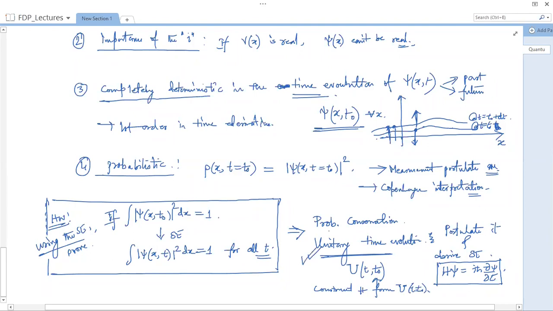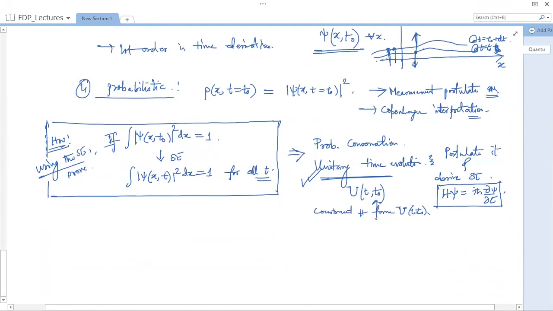And if U is a unitary operator, then you can construct the Hamiltonian from there. That is the viewpoint from which, from unitary time evolution, you can get the Schrodinger equation, which is nothing but the conservation of probability.